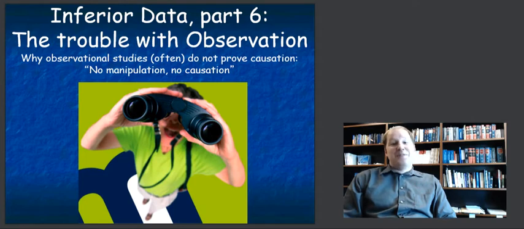Today's topic is Inferior Data Part 6, the final part in our series of Inferior Data lectures. We've been talking throughout this series on observational studies and the weaknesses that come up in them in contrast with experimental studies such as randomized controlled trials, RCTs.